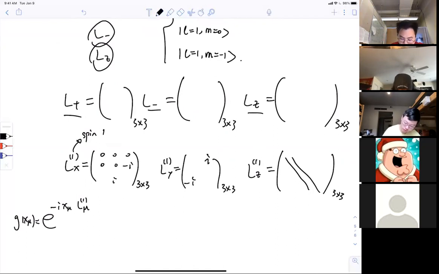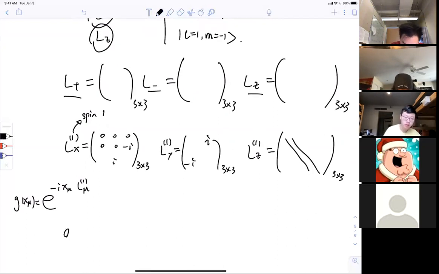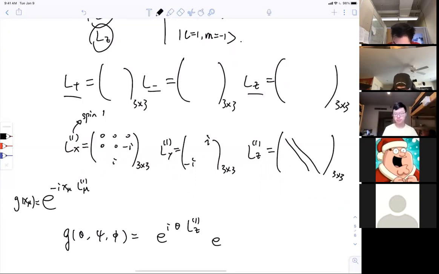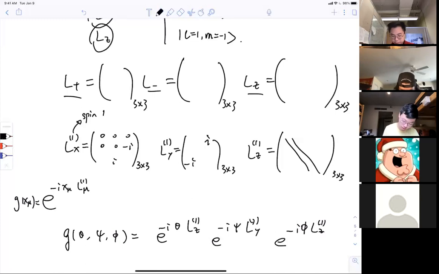We can use the Euler angles, theta, phi, and so on, with the exponential of minus i theta L_z, and minus i phi L_y or L_x, something like that, right?